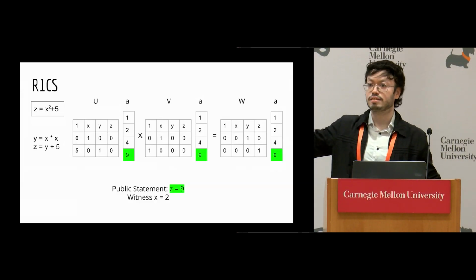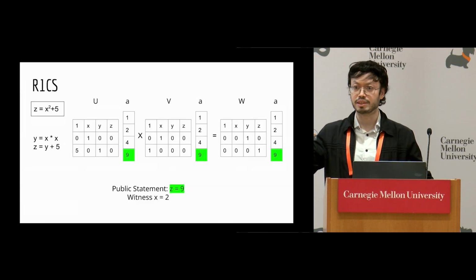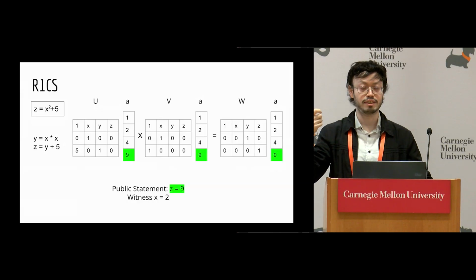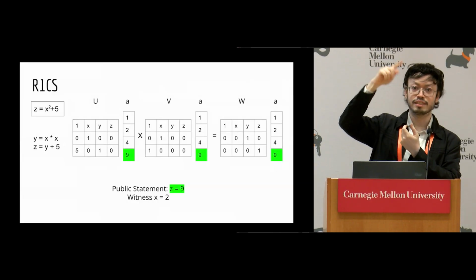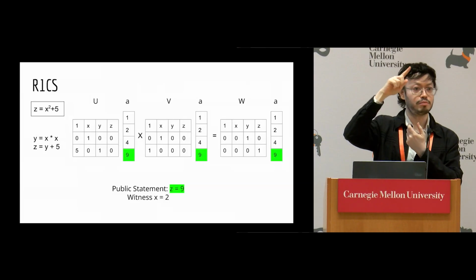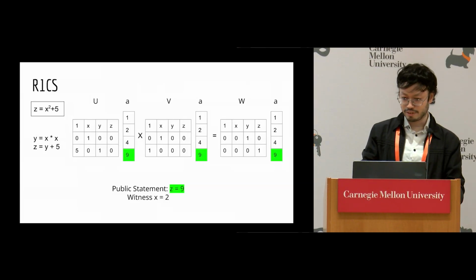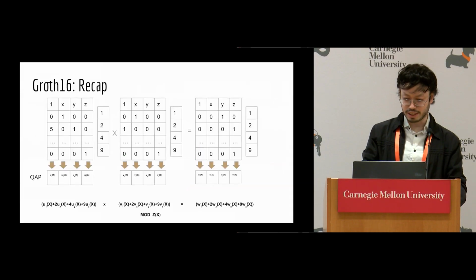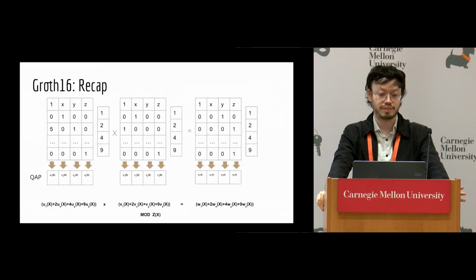And the quantity in green is the public element. So that element, 9, is known to everyone. But the entries which are not green may not be known publicly, but they are known to the prover, okay? So that's roughly how R1CS works. And this is how Groth16 takes advantage of this structure.